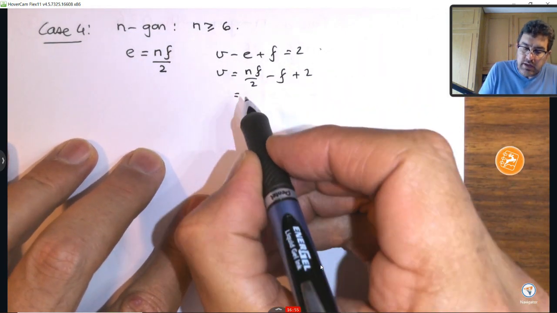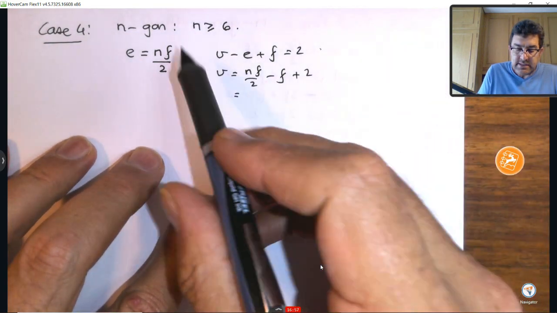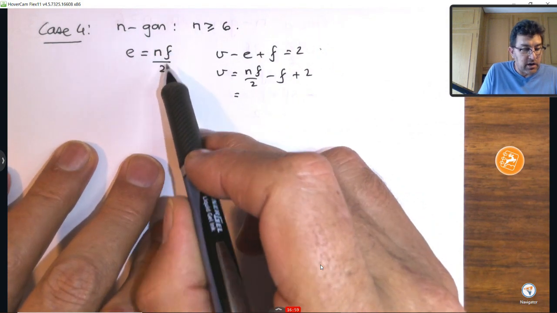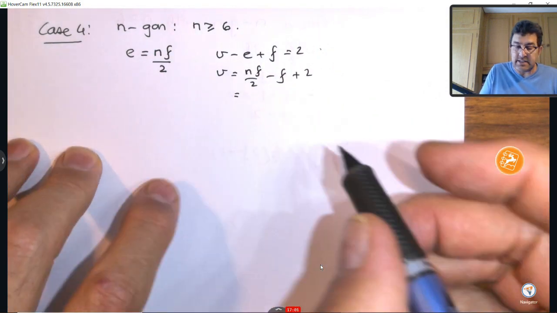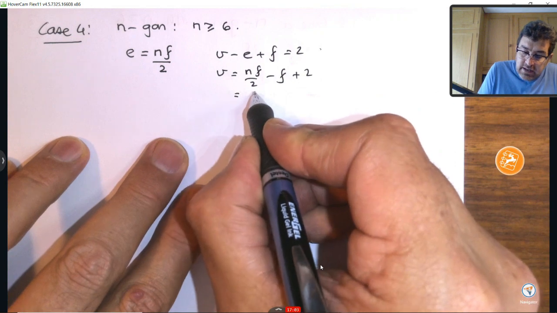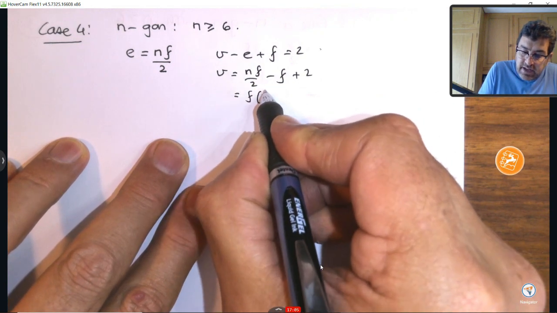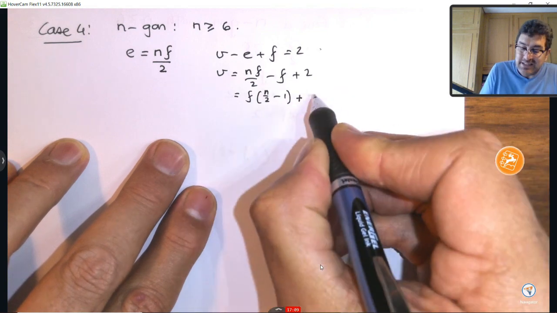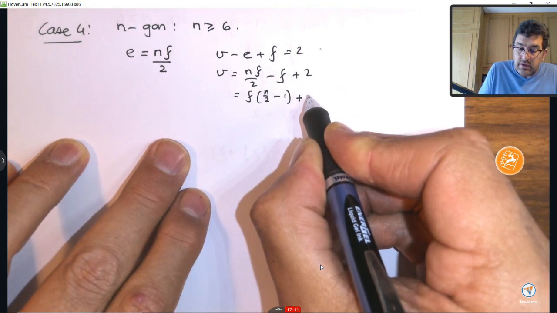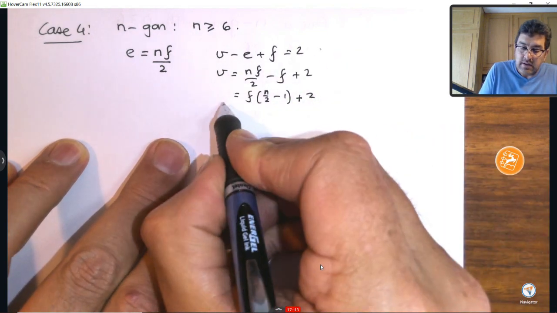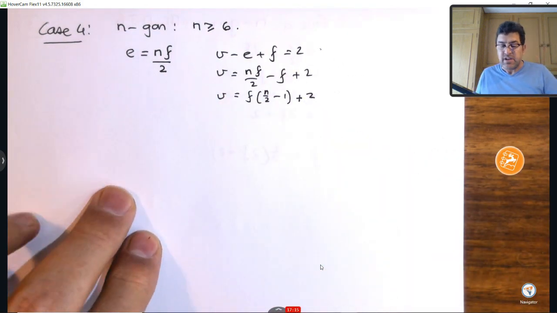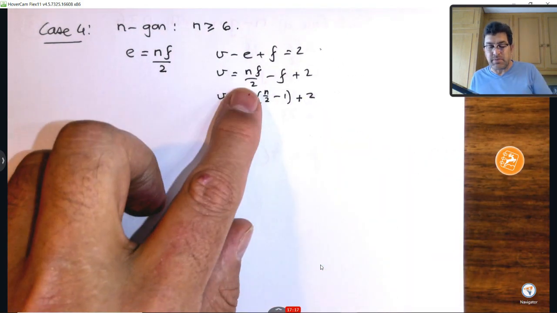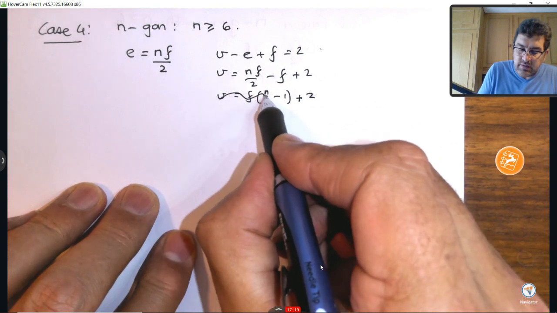So this will give me, is it n over 2? Yeah, n over 2 went to the other side, and that's what I've got. So if I then take out f as a common factor, I have n over 2 minus 1, plus the 2 that was there in the initial stages. I could have then multiplied everything with 2. I think it's just going to look better.